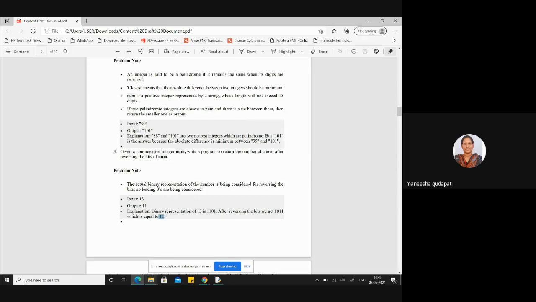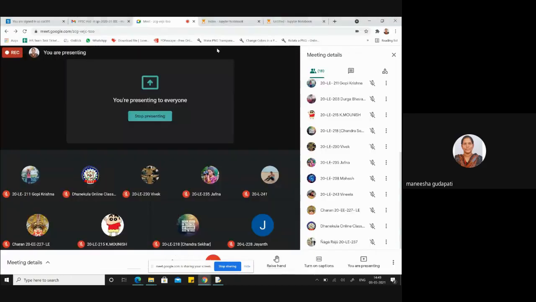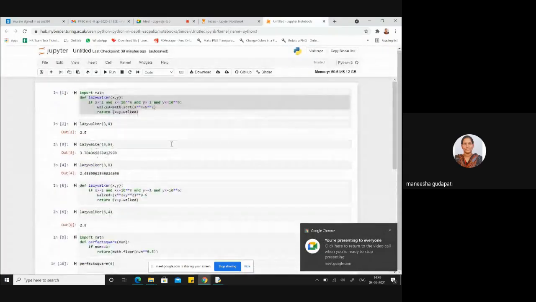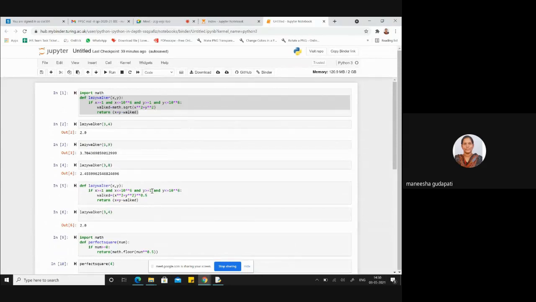Any doubts? Any doubts in the programs which we already taught in this class? Perfect square or lazy walker, any doubts in this code?